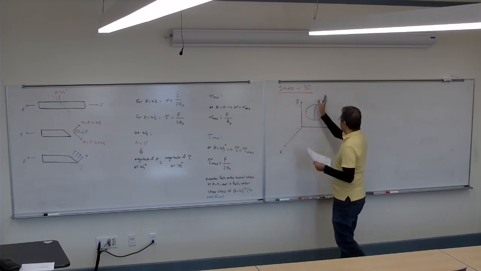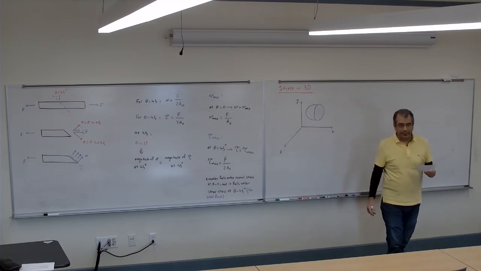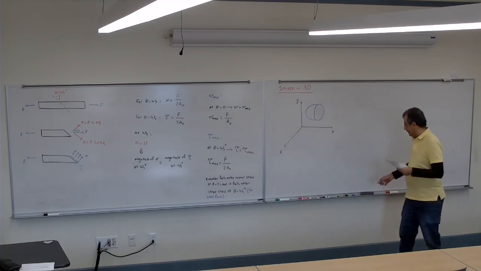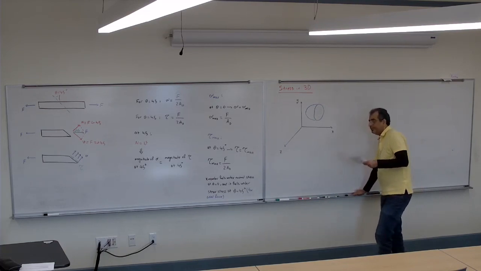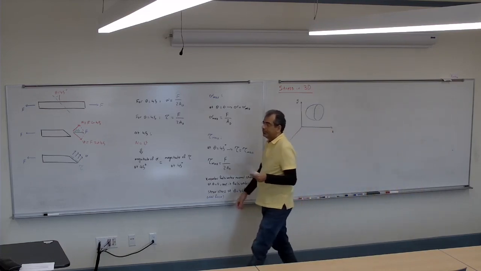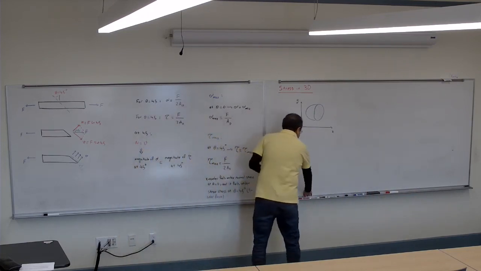So that's a 3D object, I cut it somewhere in between. Somewhere in the middle I cut it, okay? And then I go and look at a very small area in that. So go there, okay, I will have an element there.